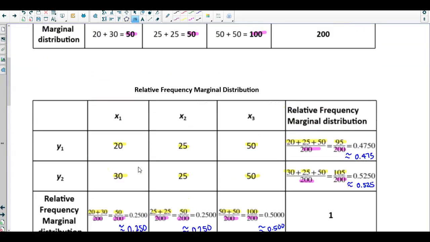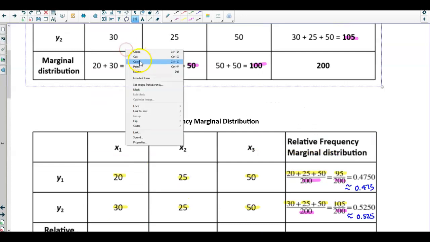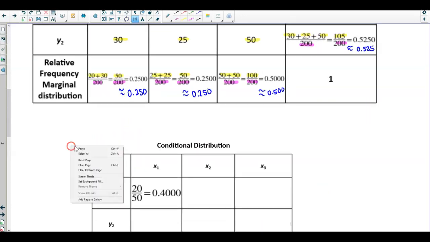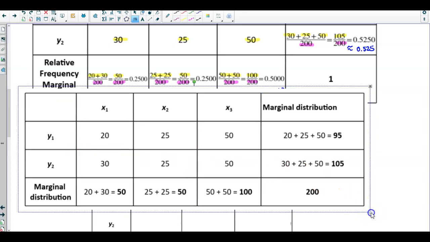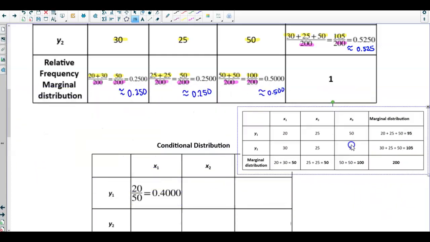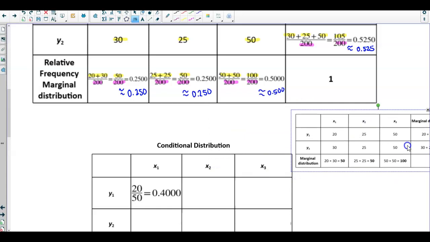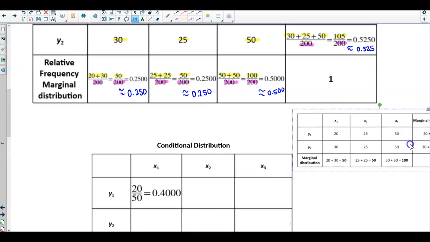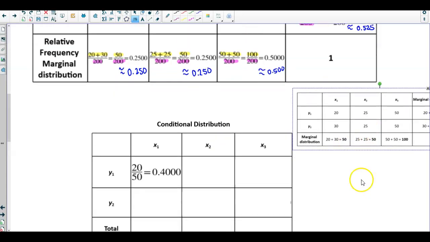So going back to this result here, I'm going to copy this information so we can see what that result looks like. From our marginal distribution, we know that the total of the column for x1 was 50.